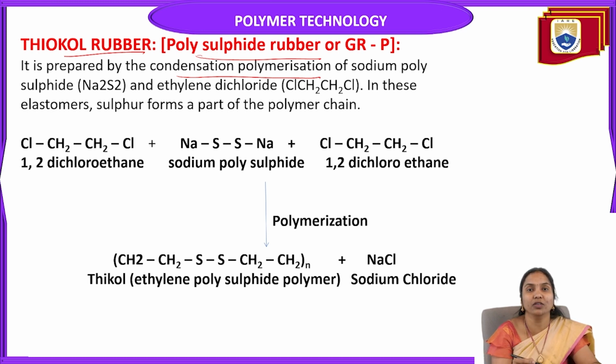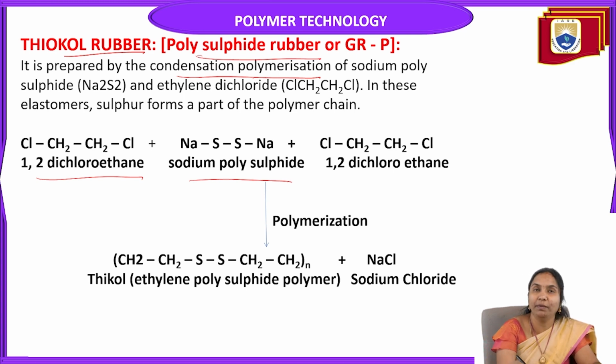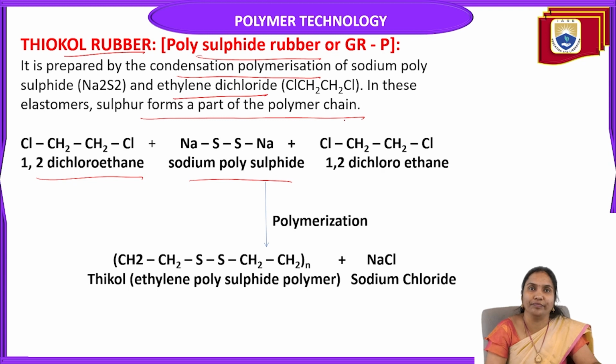Thiokol rubber is prepared by condensation polymerization of 1,2-dichloroethane (ethylene dichloride) and sodium polysulfide. In this elastomer, sulfur forms part of the polymer chain.